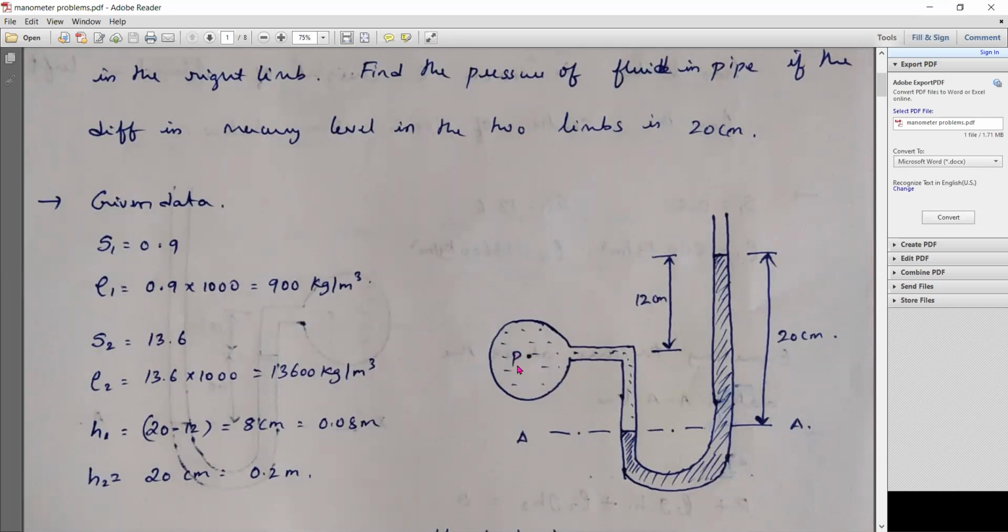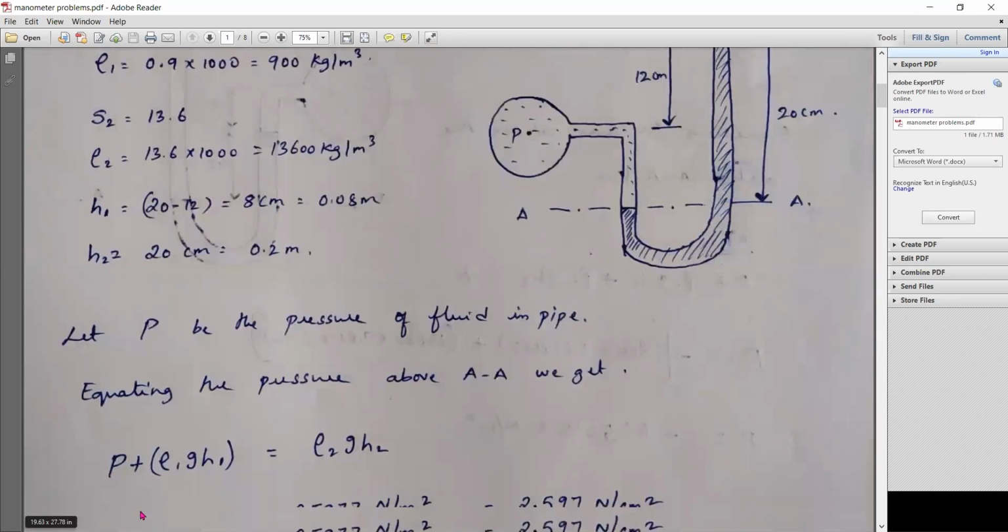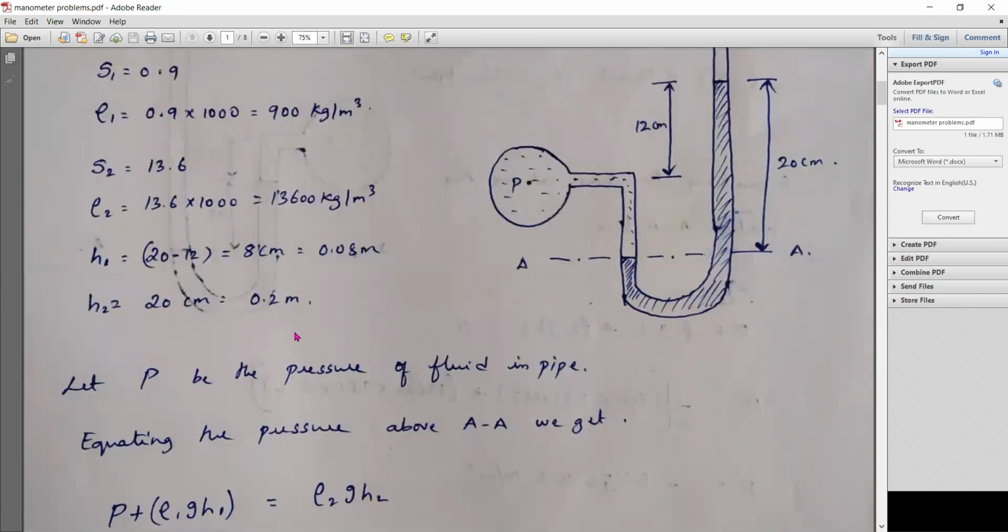So P plus rho 1 G H1. Right, I wrote it directly here. So P plus rho 1 G H1 is the pressure in the left limb above your datum line. Write that as a separate point. No need to substitute anything now, just keep it like this: P plus rho 1 G H1.